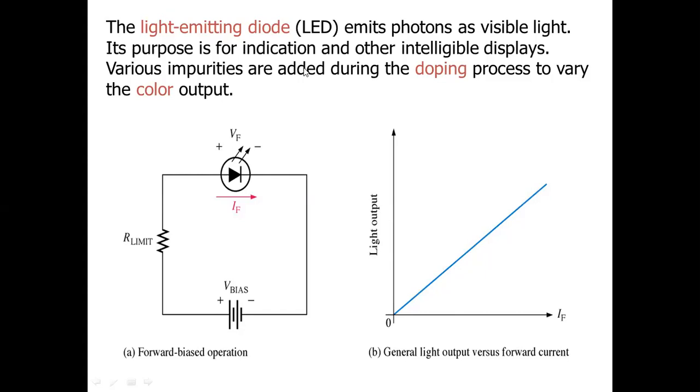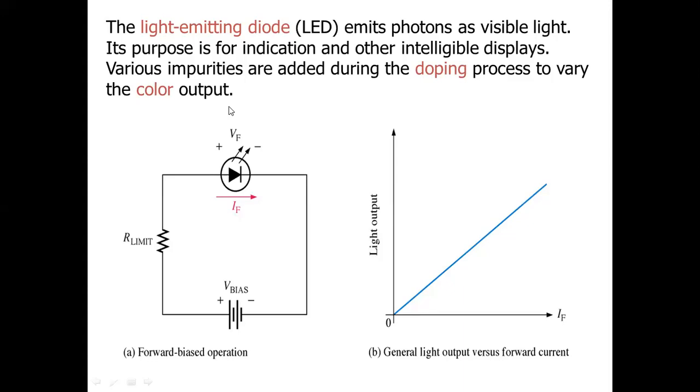The light emitting diode emits photons as visible light. Its purpose is for indication and other intelligible displays. Indication of light or some displays we are going to use here. Various impurities are added during the doping process to vary the color output. So we get many colors.